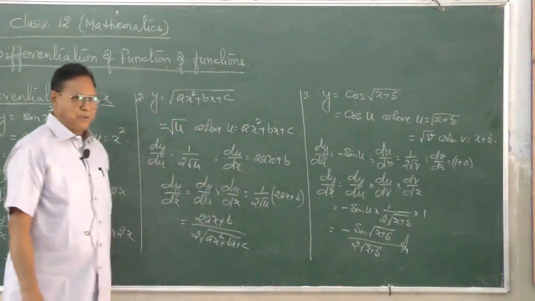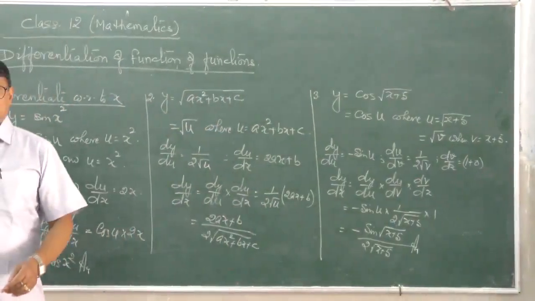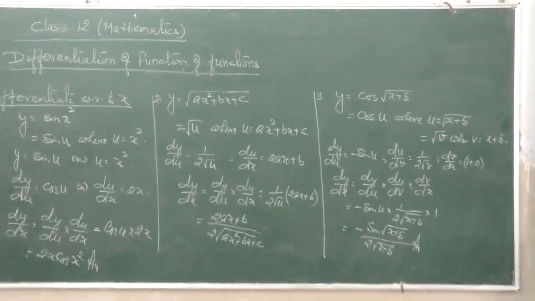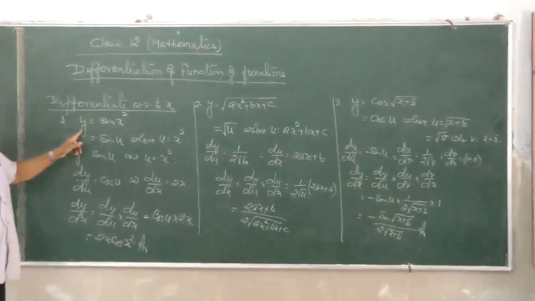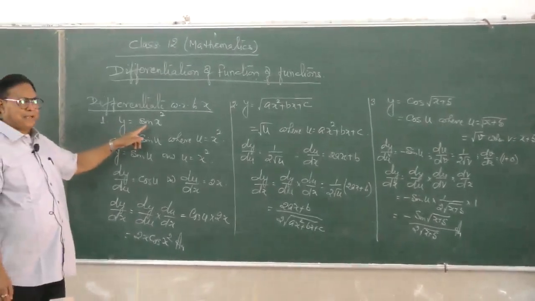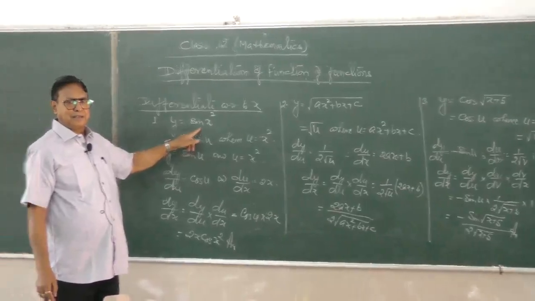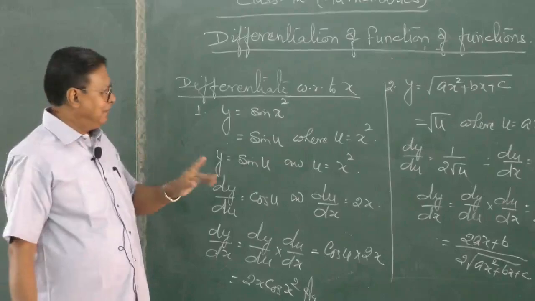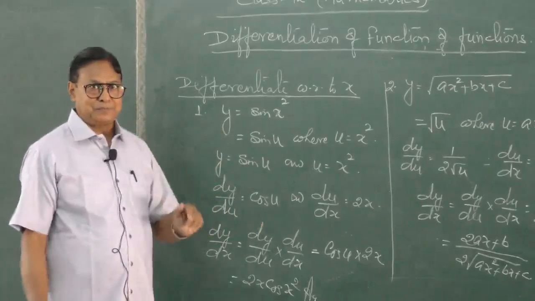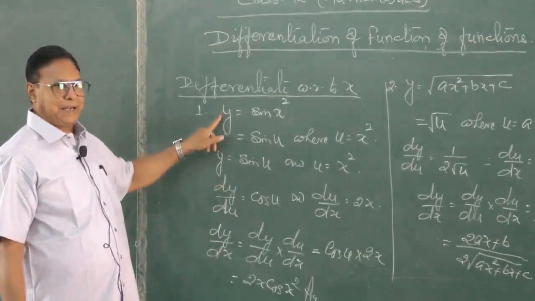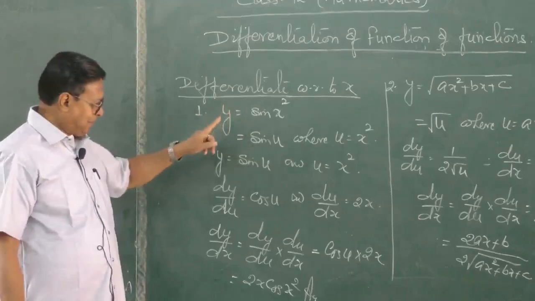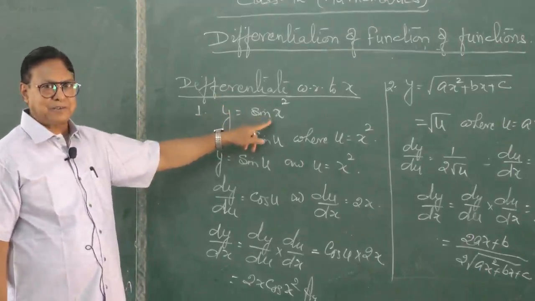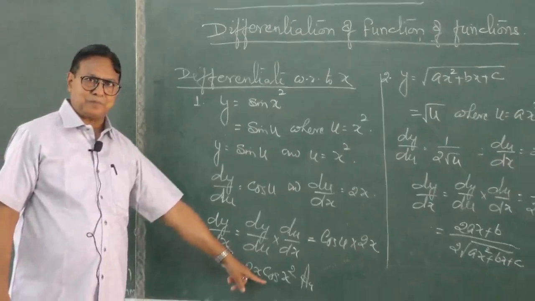So what do we actually do? Try and understand it in a slightly different way. y is a function of sine x and then x square, two functions. Now look at the answer. Differentiation of sine x is cos x, so differentiation of sine x square is cos x square.